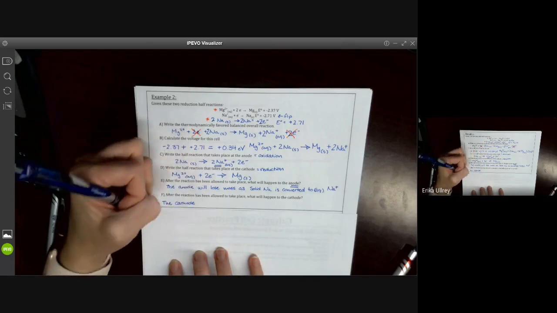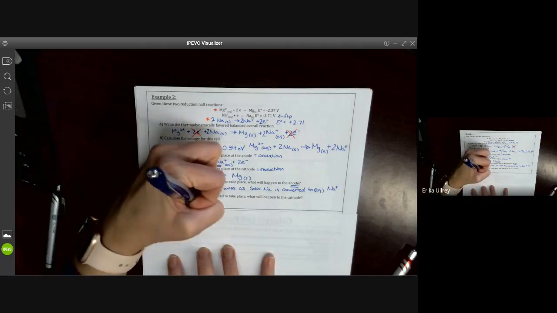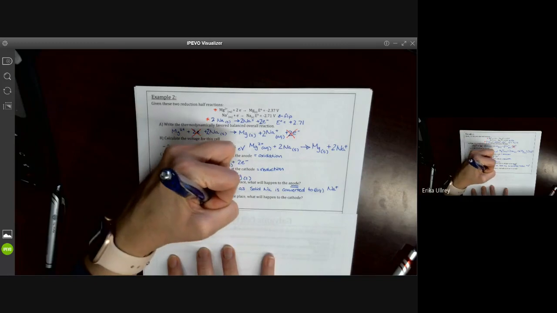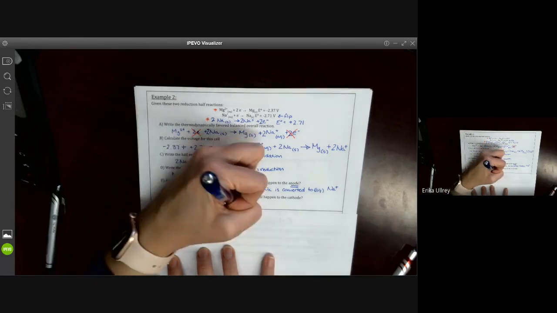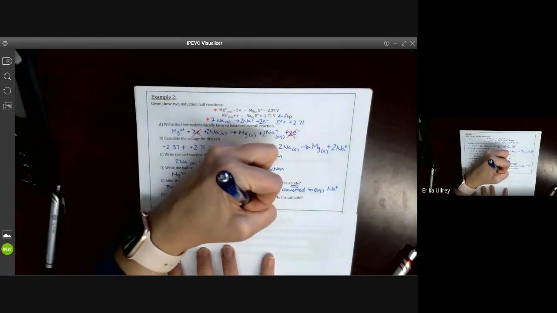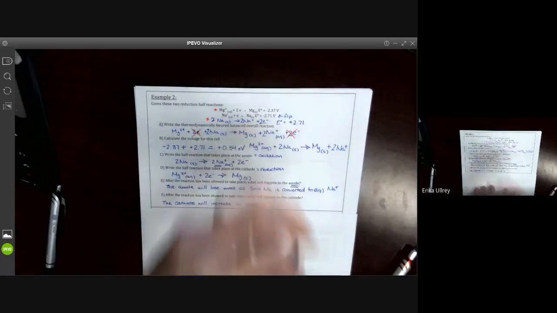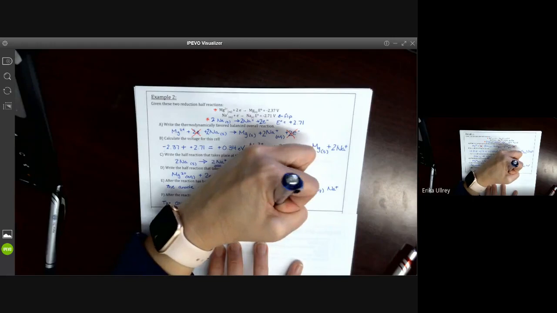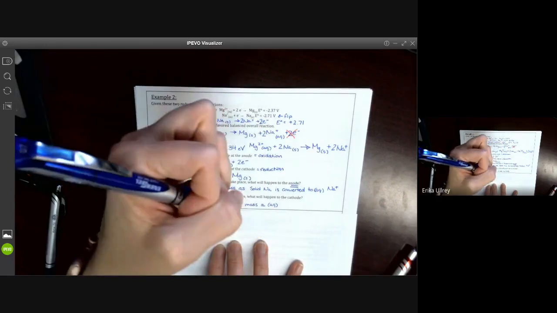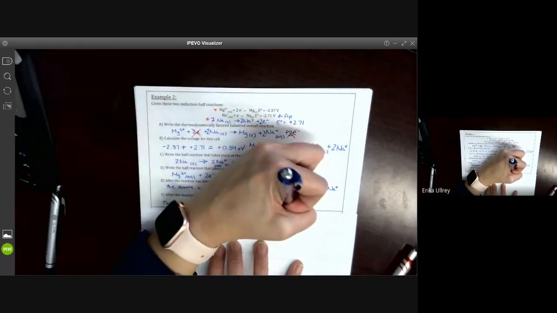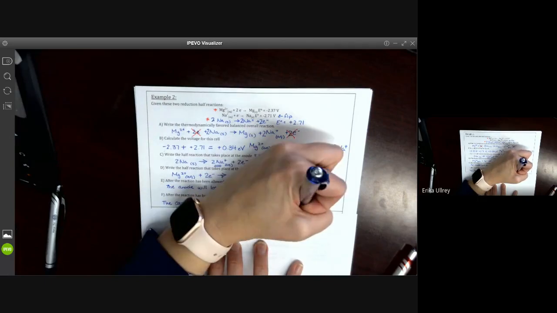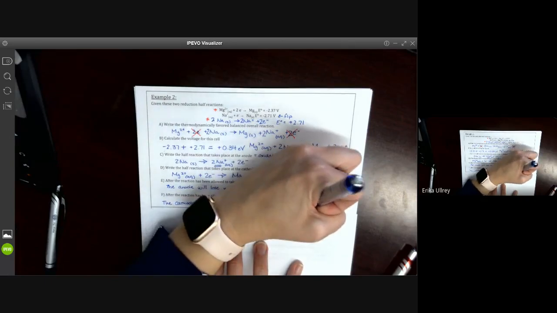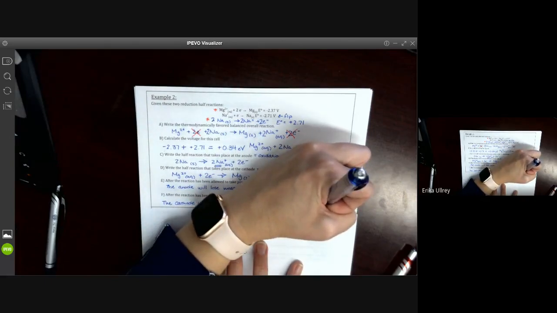Sandra said that the cathode will increase in mass as aqueous ions are converted to solid. Those aqueous magnesium ions are converted to solid.